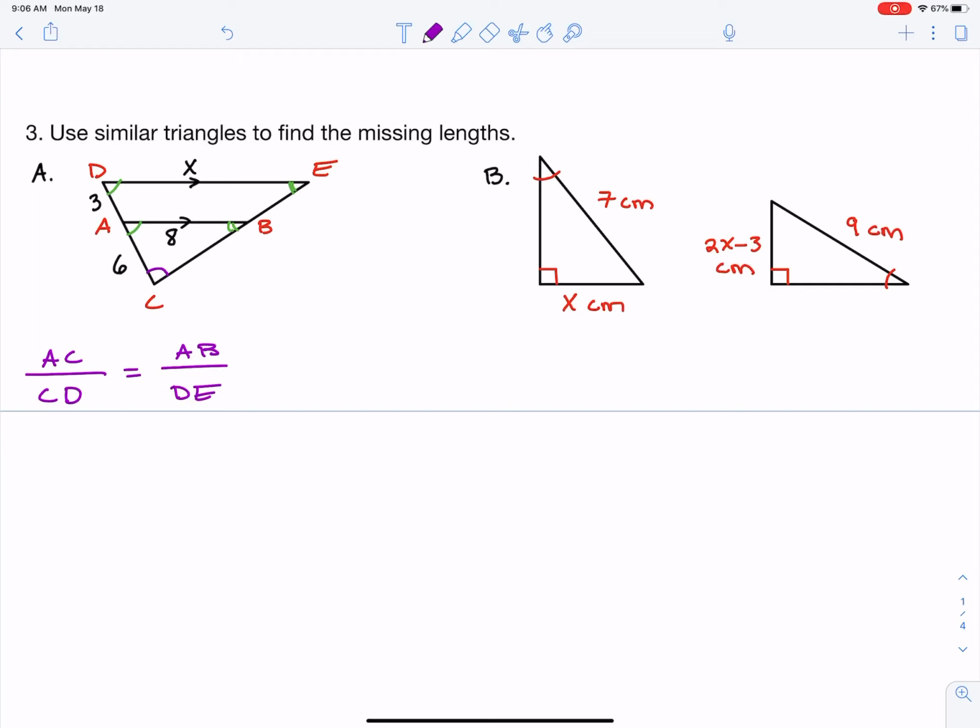Notice the top side goes from small triangle to large triangle, and the second fraction again goes small triangle to large triangle. I'm trying to be consistent here. So let's plug in some numbers. AC is 6. CD is 6 plus 3 or 9. And then AB is 8, and DE is X.